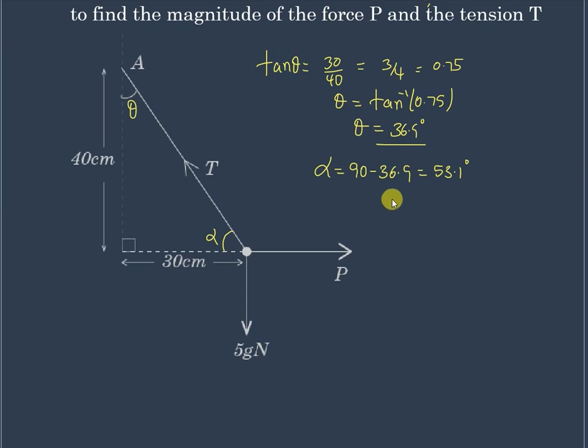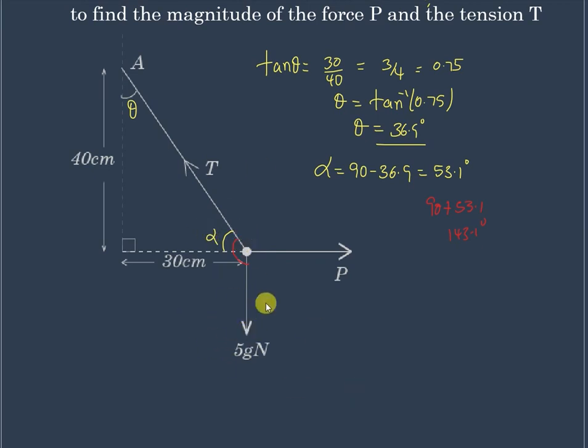And when you have that as 53.1, then the angle we are going to use here, opposite to force P, is this one. That angle is 90 plus 53.1, which is equal to 143.1 degrees.